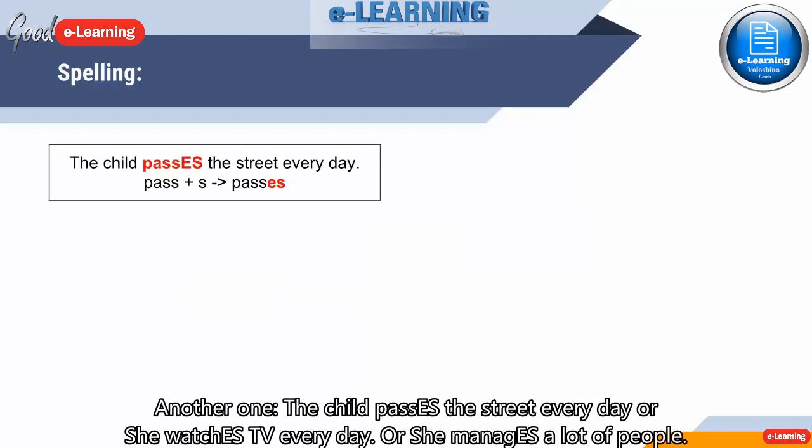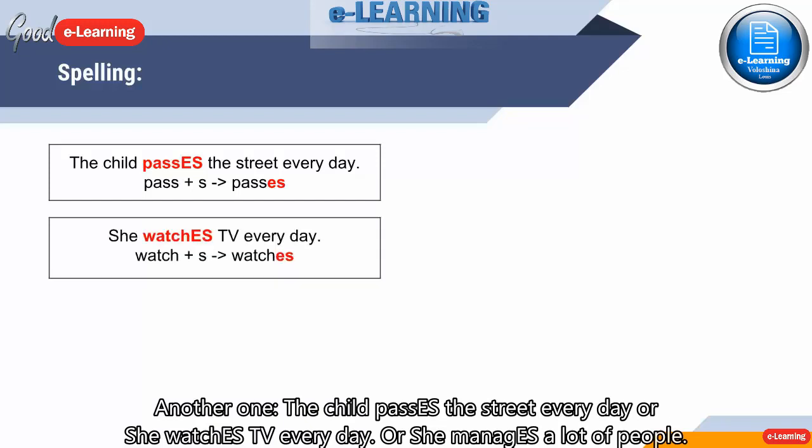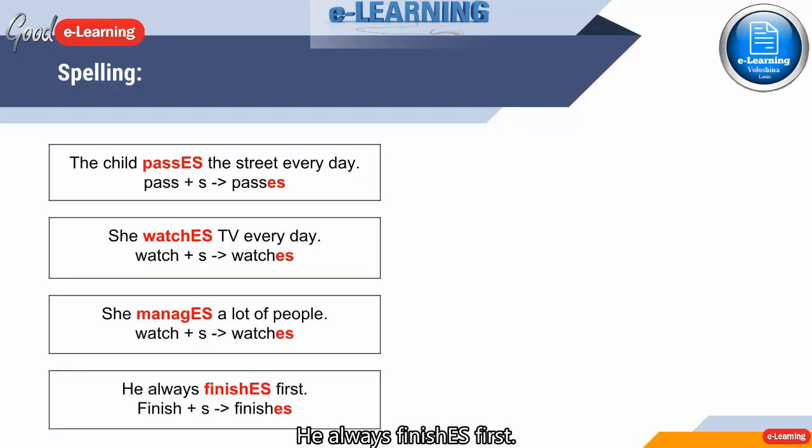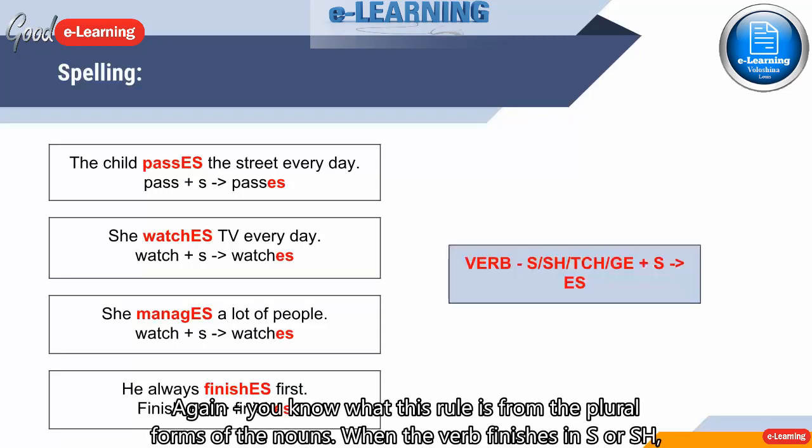Another one. The child passes the street every day. Or she watches TV every day. Or she manages a lot of people. He always finishes first. Again, you know this rule from the plural forms of the nouns.